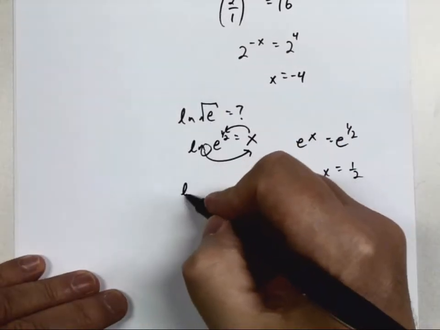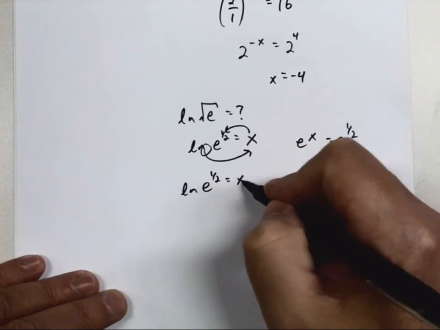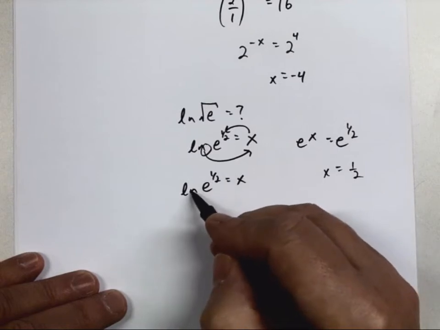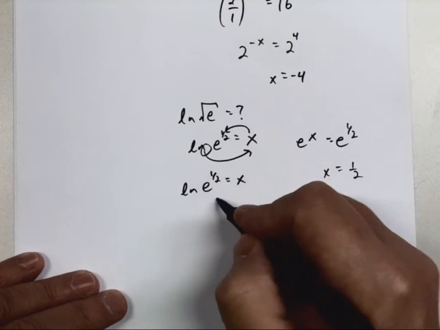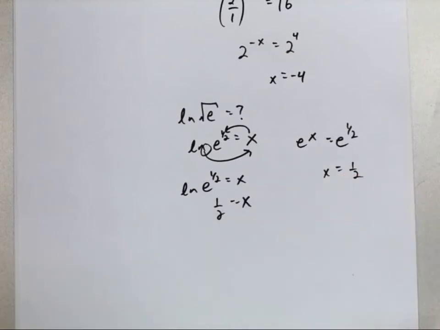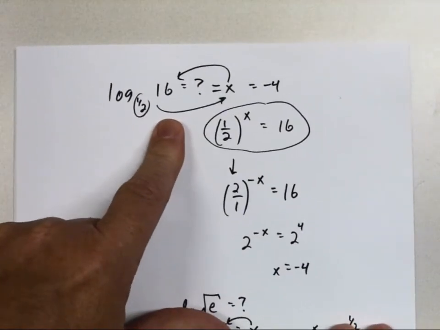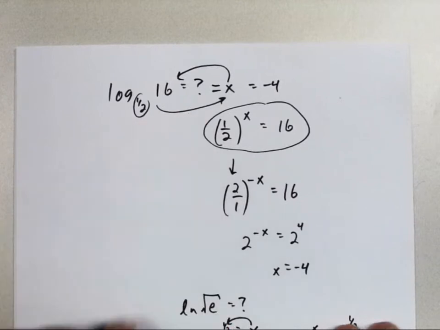Now you could have realized from the start, natural log of e to the 1/2, I've got the same base on my log as inside the base of my exponent, so right away you know it's 1/2. But it's very important to be able to use this circle method to convert log equations into exponents.